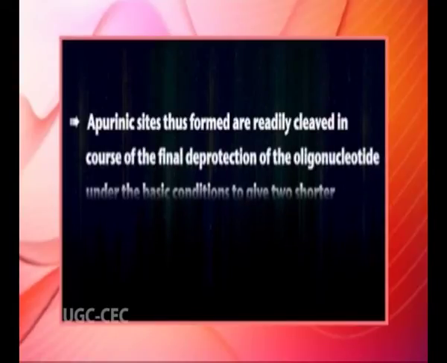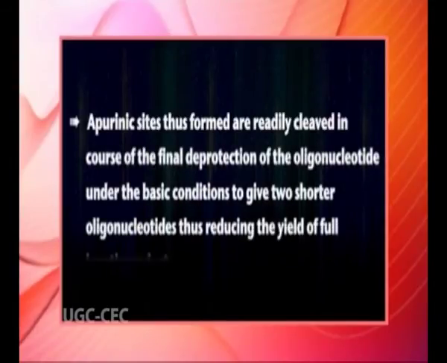The apurinic sites thus formed are readily cleaved in the course of the final deprotection of the oligonucleotide under the basic conditions to give two shorter oligonucleotides, thus reducing the yield of the full-length product. The O6 modifications are rapidly removed by treatment with the capping reagent as long as the capping step is performed prior to oxidation with iodine water.